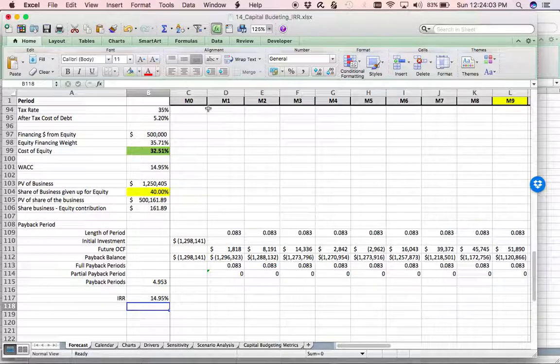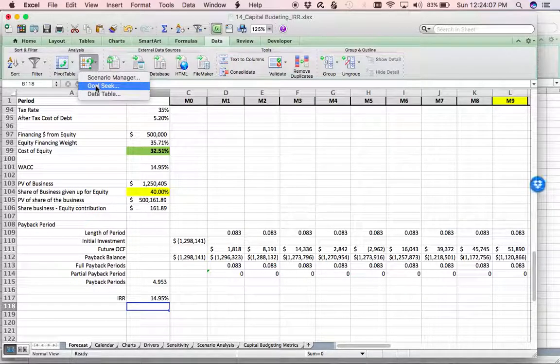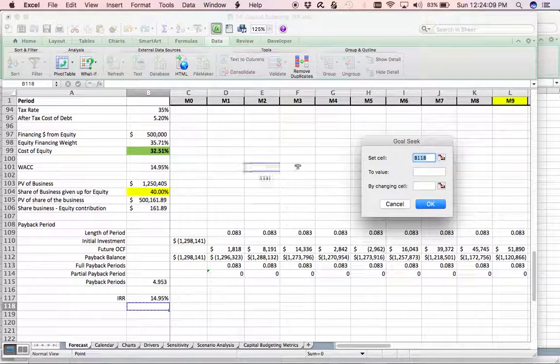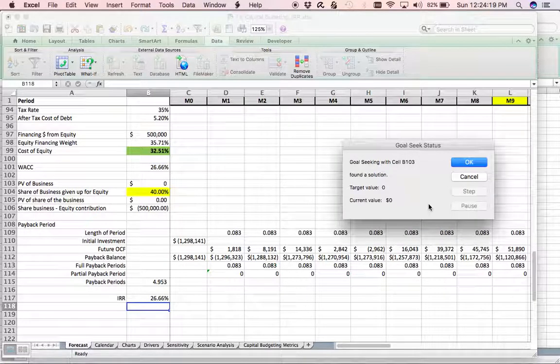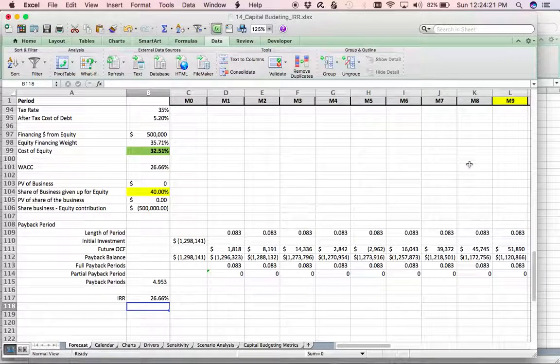So anyway, at this point, all you're going to do is Data, What-If Analysis, Goal Seek. And what you want to do is set the present value of the business equal to 0 by changing the WACC. So it's going to run through, and there you go. All right, and it's going to say that is a 26.66% WACC.